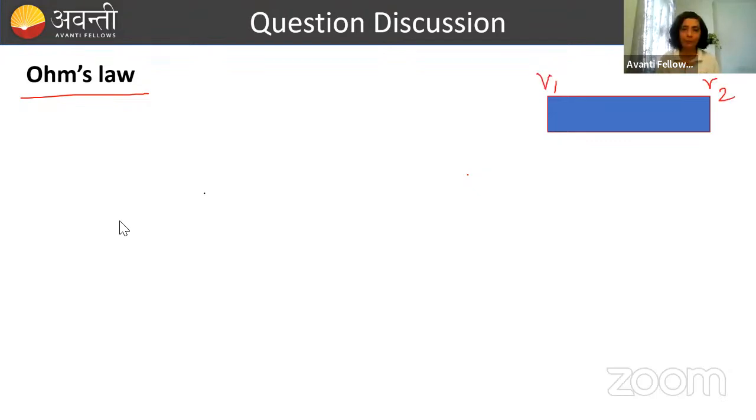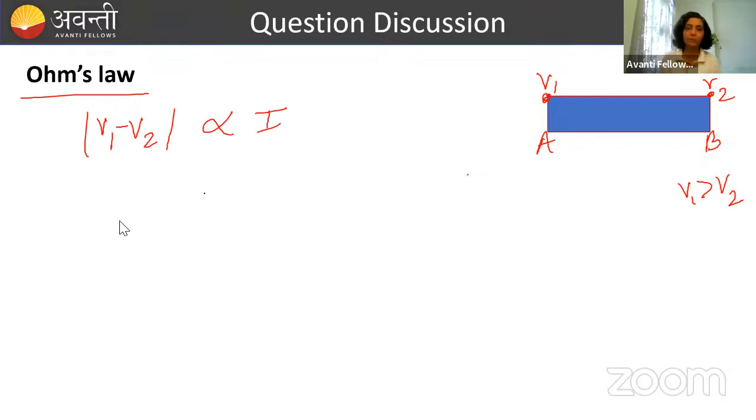If I take a conducting rod whose potential at one end is V1 and at the other is V2, with V1 greater than V2, then there is a potential difference between points A and B. Ohm stated, and I'm just revising, that the potential difference V1 minus V2, which I'm taking as V now, is directly proportional to the current flowing.